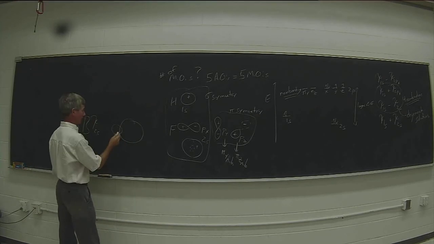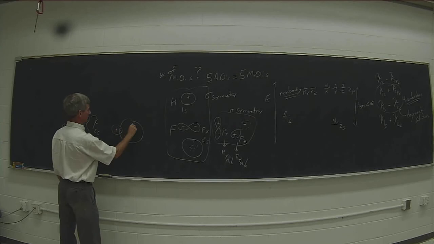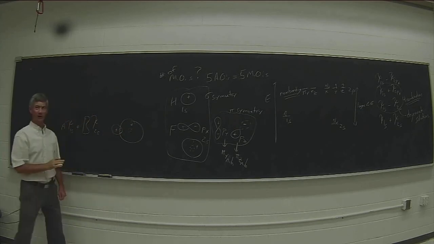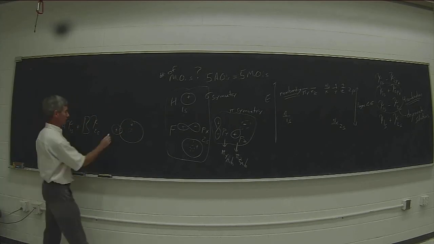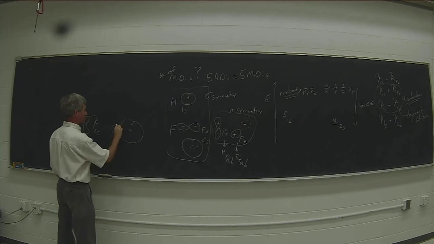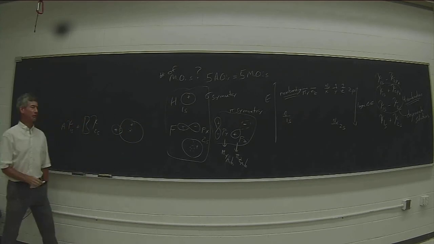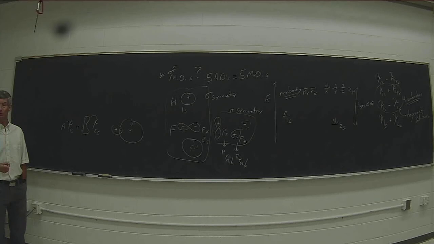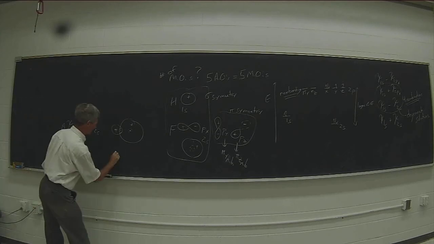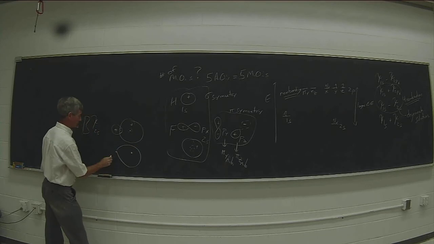So what we're going to have is something like this. The inner lobe is really not relevant, so we don't have to consider it. And that's going to lead to an orbital that is no longer symmetrical with respect to the two nuclei. That's going to lead to an orbital that is mostly over here on the fluorine.